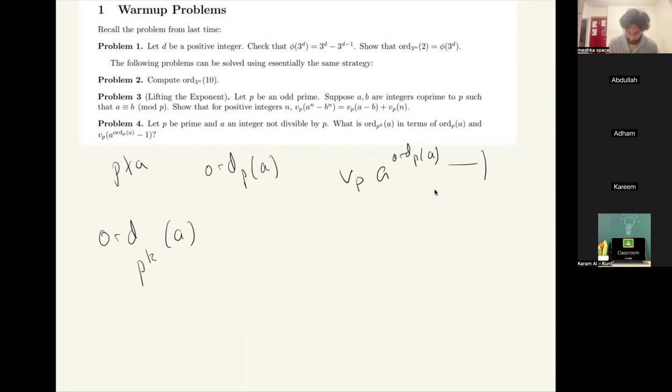So we see what is the valuation of that. Okay, so we need to know both of these.